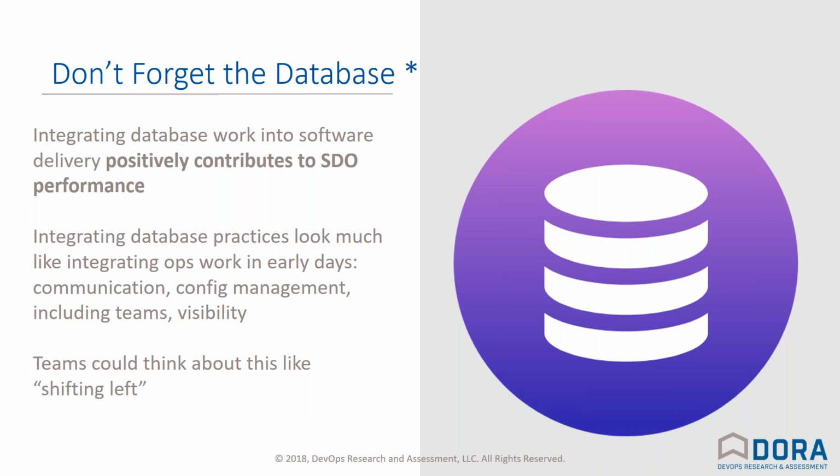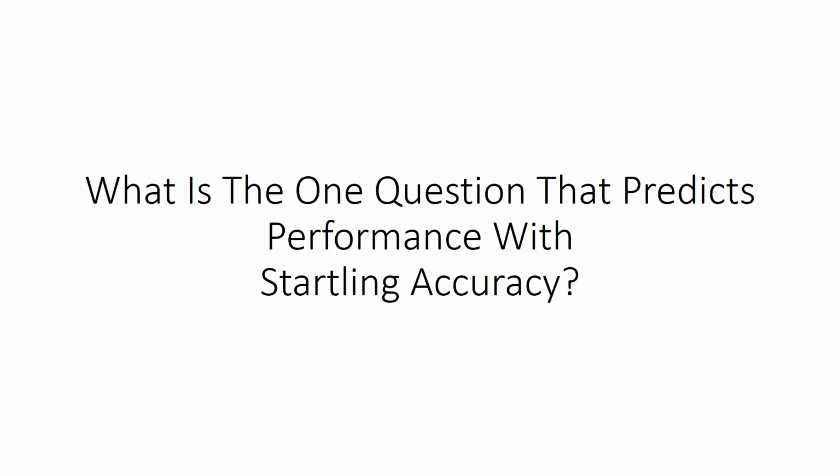Every breakthrough that we've seen in how we do modern software delivery in the application, on servers, on platforms, and networking, is as applicable to the database as well. Everything we learned about configuration management, automation, monitoring, observability, tight team dynamics, and shifting left, all those things apply.